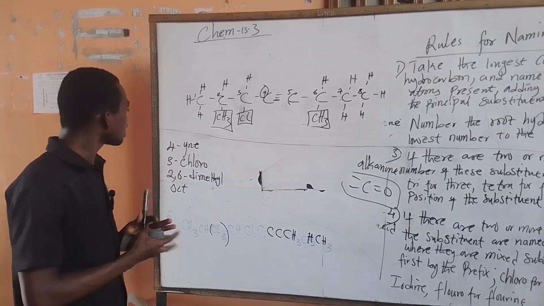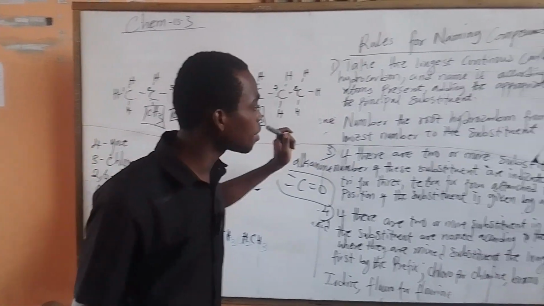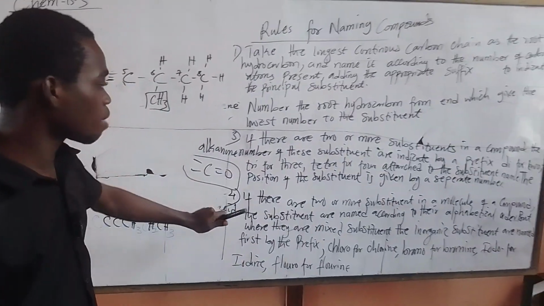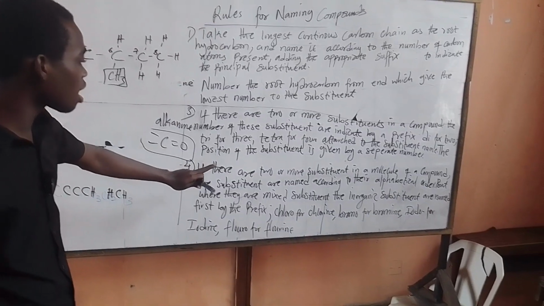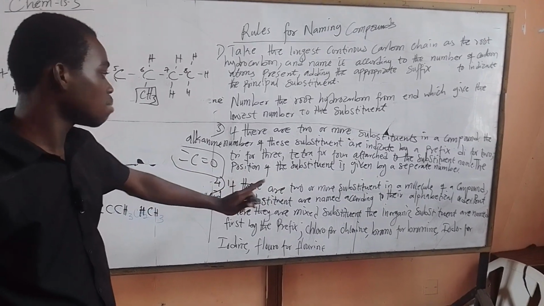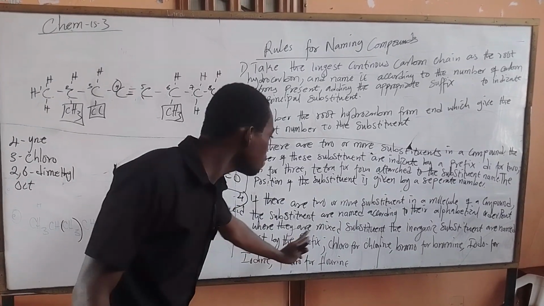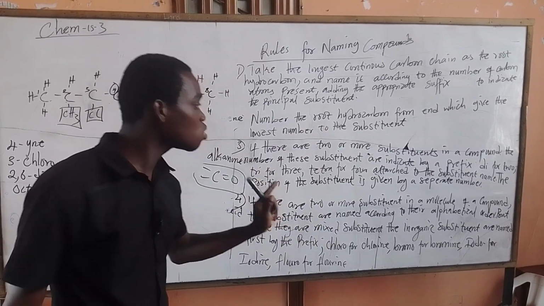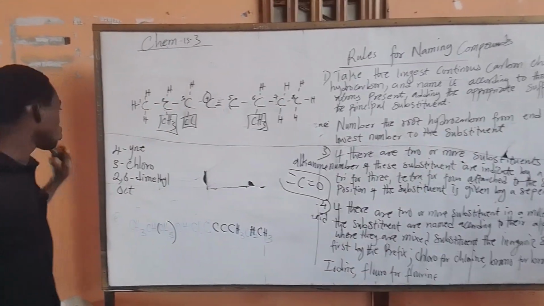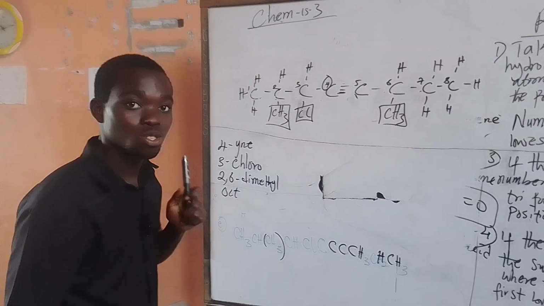Now, how am I going to name this? Look up. Rule number 3: if there are 2 or more substituents in the compound, the substituents are named according to their alphabetical order. But where they are mixed substituents, the inorganic substituents are named first. So if I want to name this, I will start with the inorganic substituent.